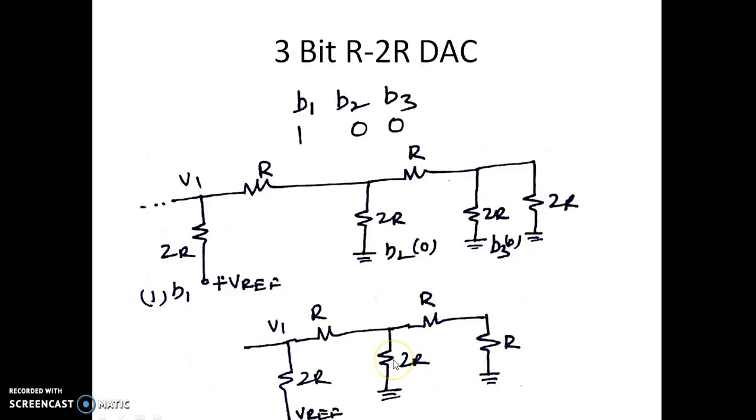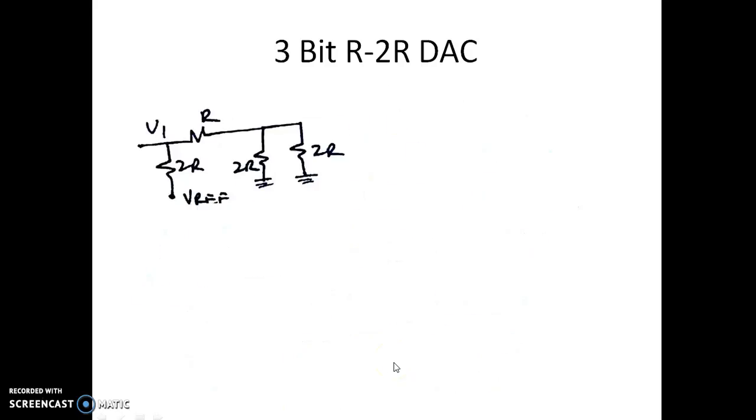So that is again in parallel with this 2R resistance. So there is 2R here, another 2R coming in parallel, that is connected in series with this resistor, which is R, and we are supposed to find out the voltage at V1, because this is the voltage that will be applied to the non-inverting terminal of the op-amp.